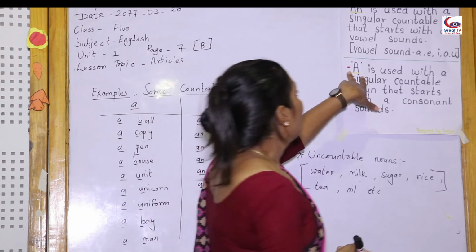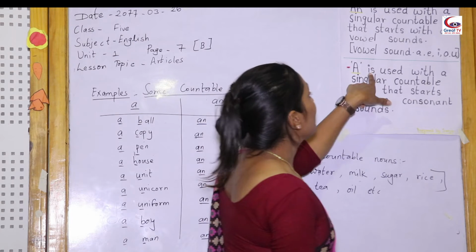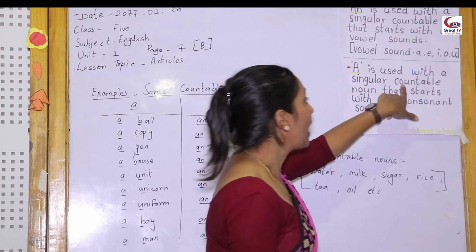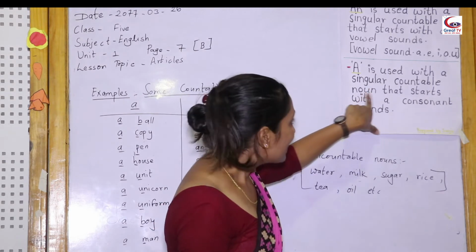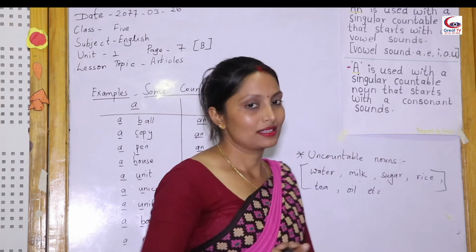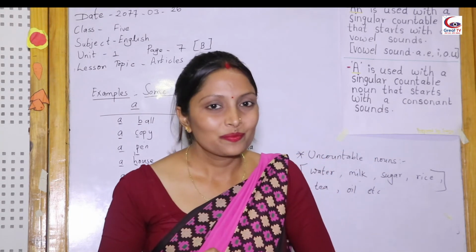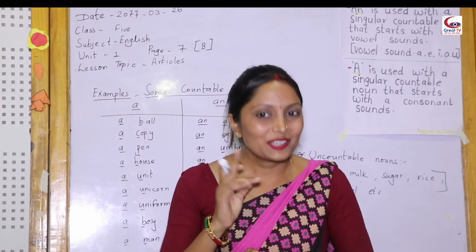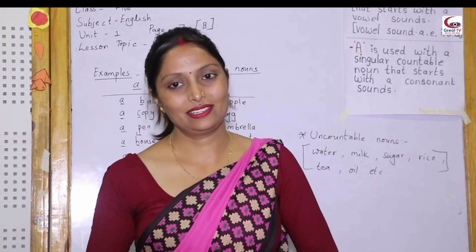And let's talk about a. A is used with a singular countable noun that starts with a consonant sound. Some points are the same for a and an, but be careful about vowel and consonant.